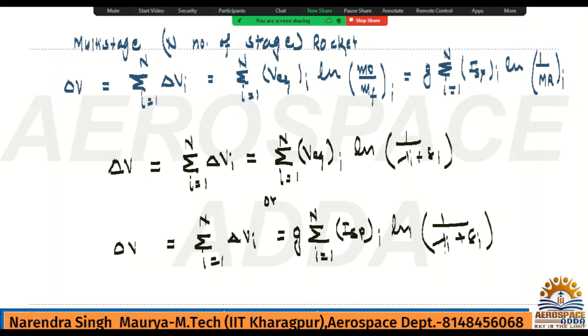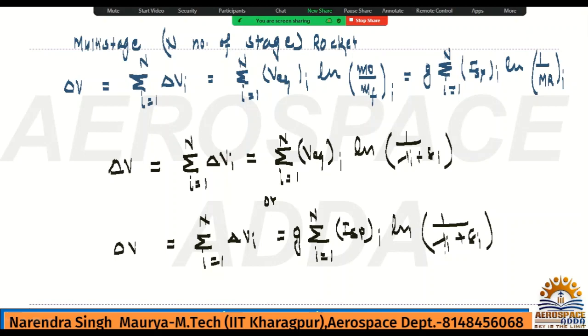Lambda i and delta i, if you remember, were the payload fraction and structural fraction. Or the same formula I had given in one more format, in terms of the structural.